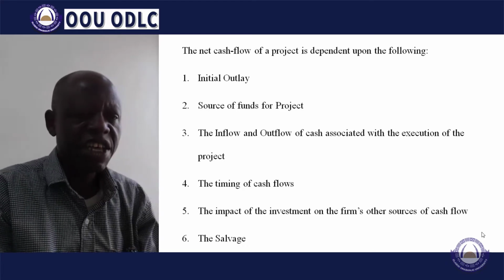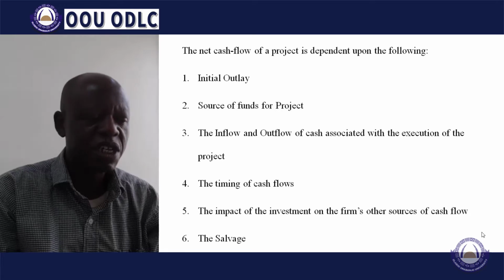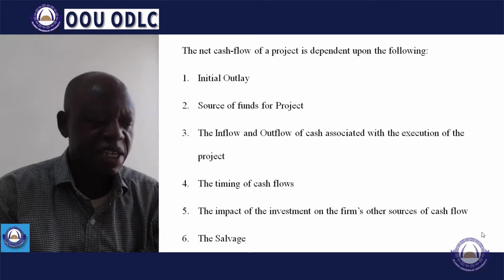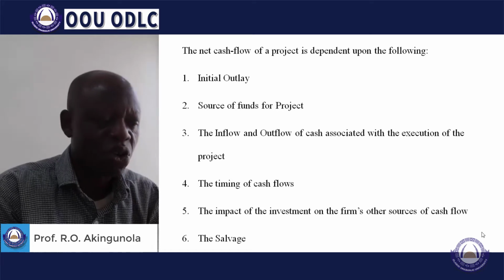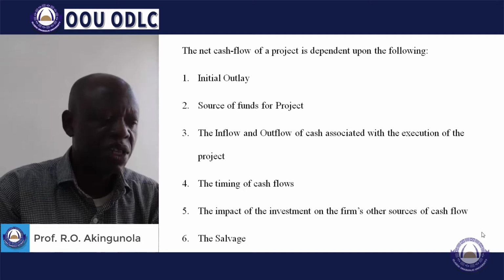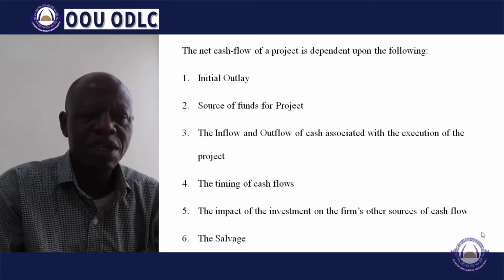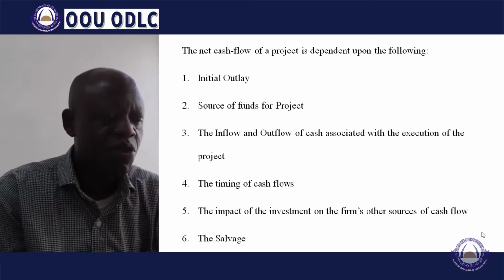The initial outlay on an investment project is the expenses that is embarked on before we can start the project at all. It is the initial expenditure that is necessary to be done before we start the project.